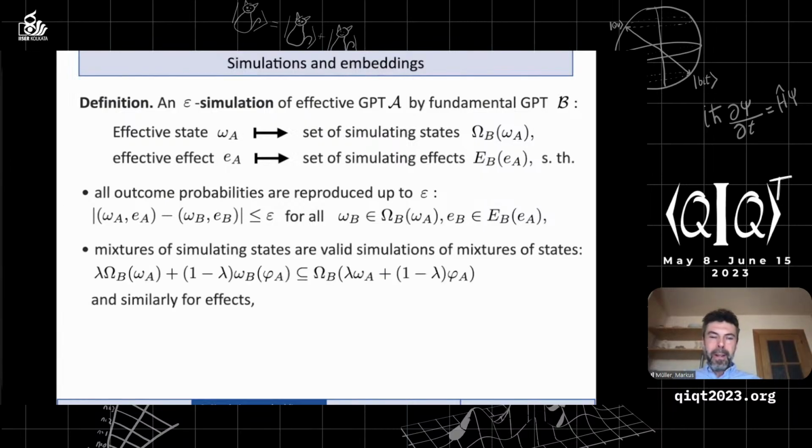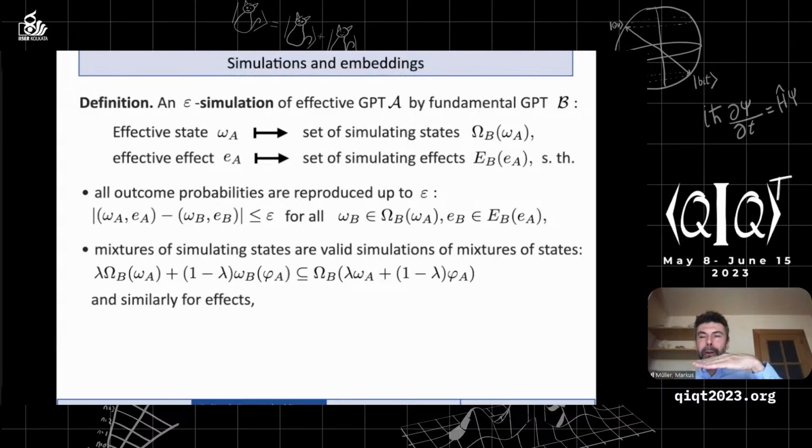The other thing that we need is that mixtures of simulating states are valid simulations of mixtures of states. So what do I mean by that? Suppose you have a procedure where with probability lambda, you prepare effectively state omega A, and with probability 1 minus lambda, you prepare effectively state phi A. Then what this does fundamentally, it prepares a simulation of omega A with probability lambda and a simulation of the other state with probability 1 minus lambda.